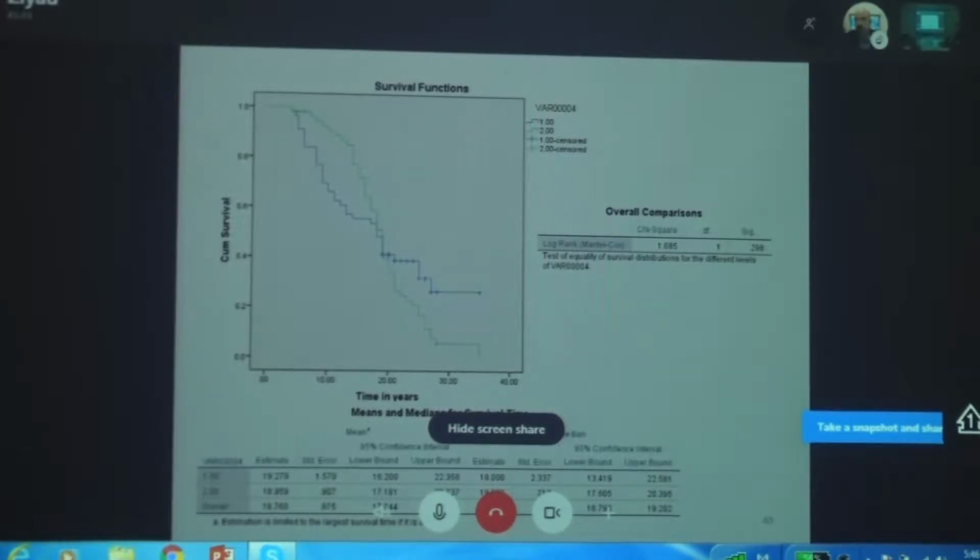Sorry, but I think you are cutting off. Okay, can you hear me now? Yes. Okay, so let me repeat. I said all of us here have not done survival methods analyses, but are interested in applying them. And next week you're going to be showing hands-on exercises, right? I'm sorry, but you are cutting off.